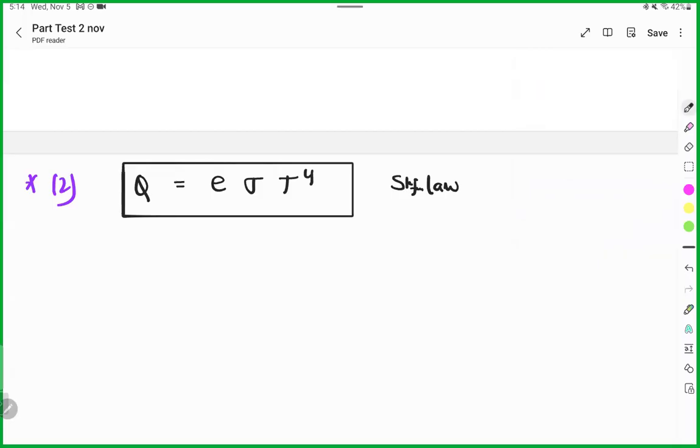Yeah, this is the main formula. So you have two options. In the first case, you have a black body, and in case of a black body, the E value is equal to 1. And in the second case, you have the same body, but the emissivity value is already given as 0.25.